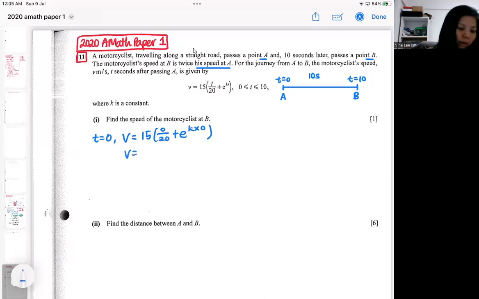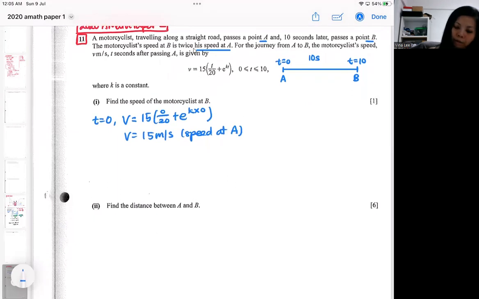You will get 15 meters per second, which is the speed at A. Then you can find the speed at B, which is just doubled, because it's given to you that it's twice. So it's actually a very easy part. That's why it's only 1 mark.